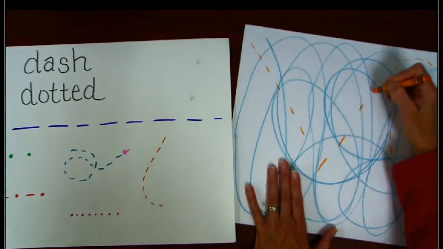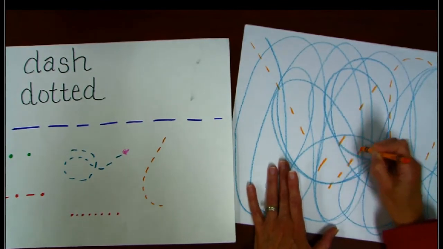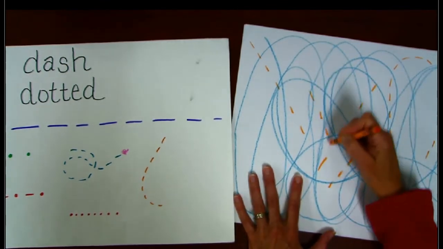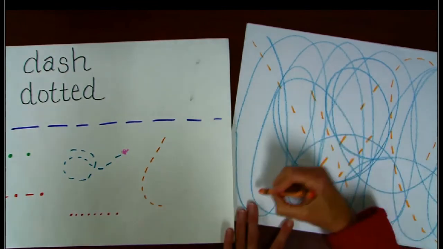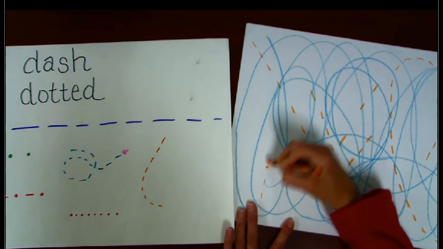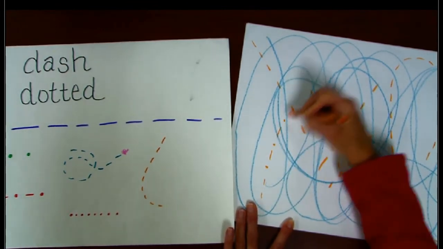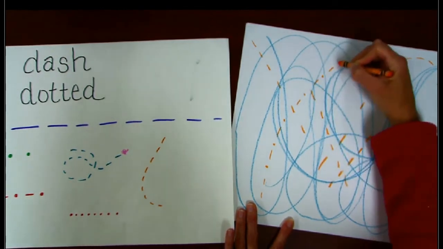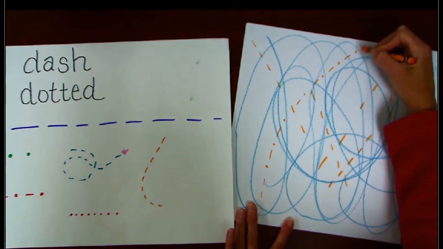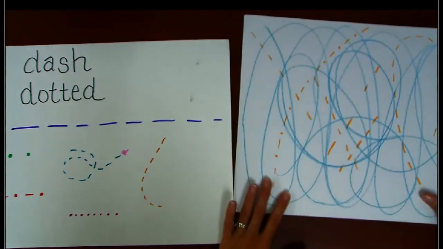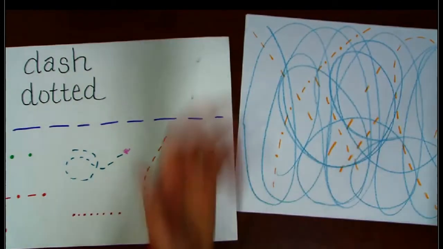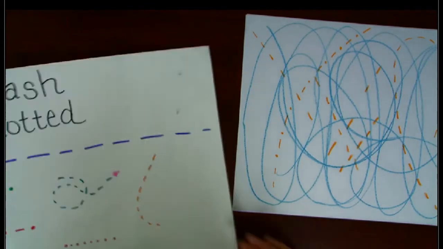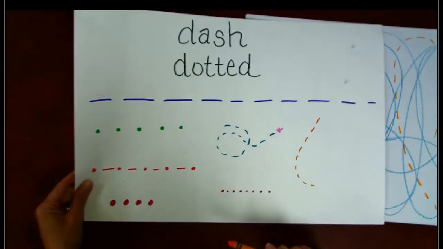So you guys just spend some time making some dashed, dotted lines all over your paper. Maybe make some combos. I've got a dash, dot, dash, dot, dash, dot. I've got that going on here. So maybe you guys go ahead and do whatever you need to, but make sure you're doing your dash and dotted line.